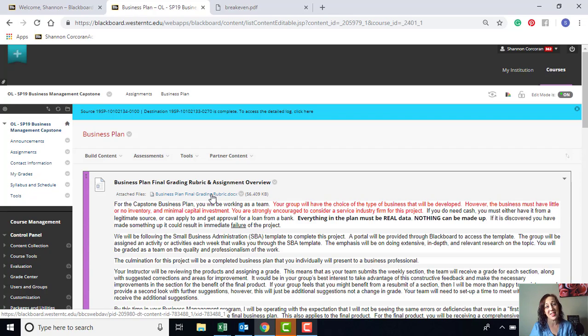Everything on this business plan has to be realistic data. Nothing can be made up. Even though you're working on it as a team, only one individual is going to be the owner or the operator of this team. It just makes it a little easier to avoid some of the complex issues related to HR, management, liability, some additional steps.